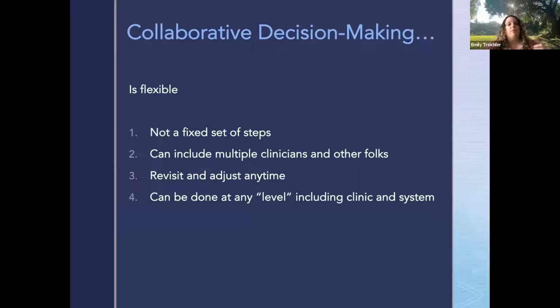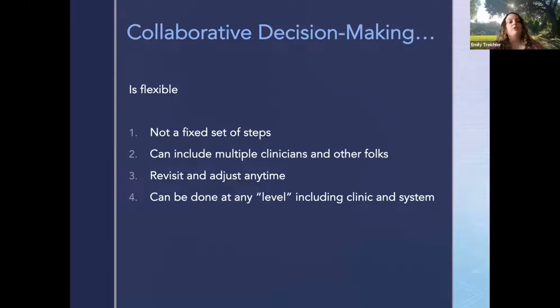And then in treatment decision-making, sometimes the research talks about decisions as if they're finite. You do it one time and it's done. And that's not really how clinical decision-making works either, right? You make a decision and you revisit it over and over again. And the idea is that you get closer and closer to the perfect treatment plan over time, or you change it as one goal has been reached, to then focus on another goal.